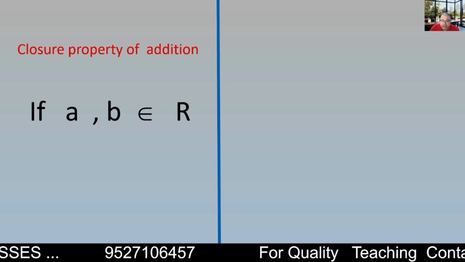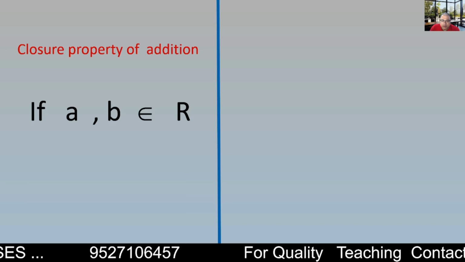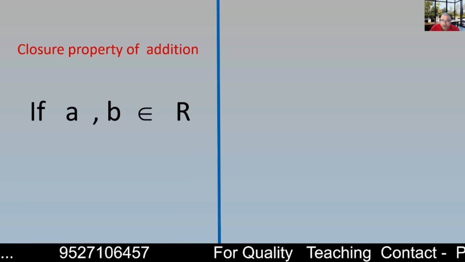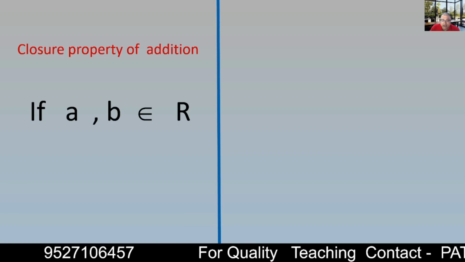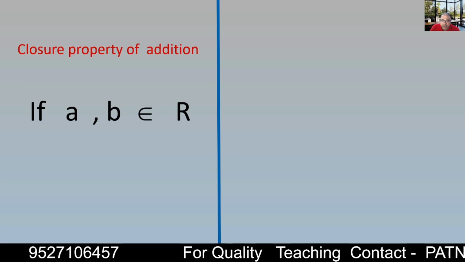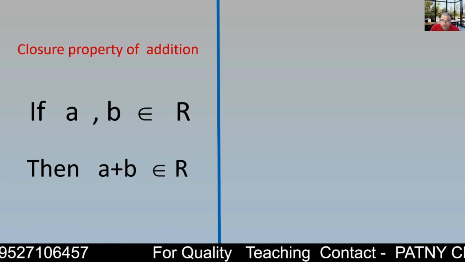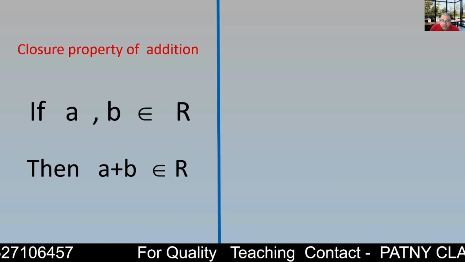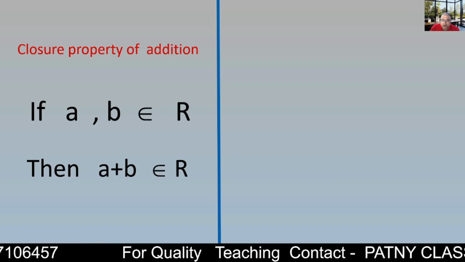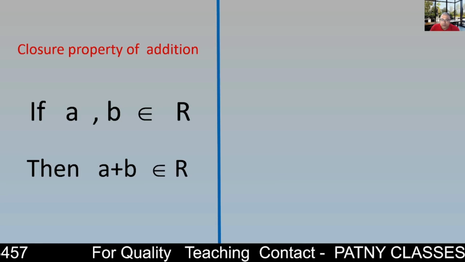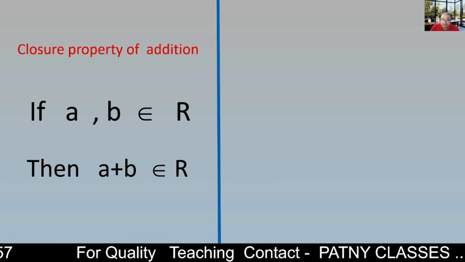We technically say A, B belongs to R. If A and B are two real numbers, suppose we add these two real numbers, then the resulting number is also a real number. This property is called closure property of addition.